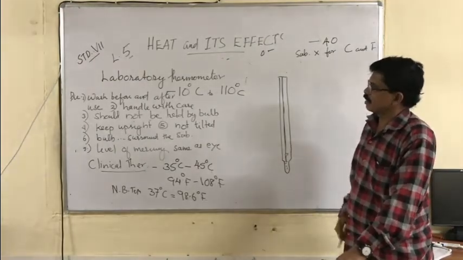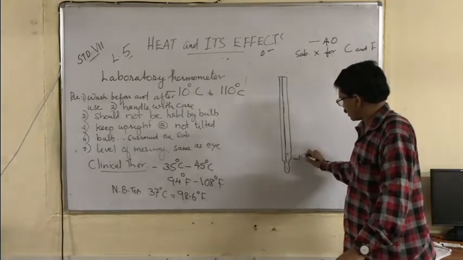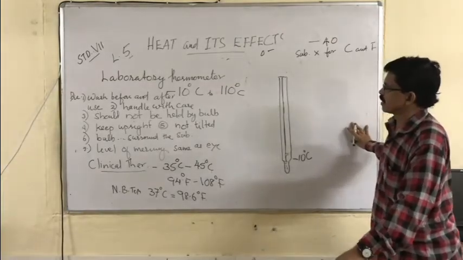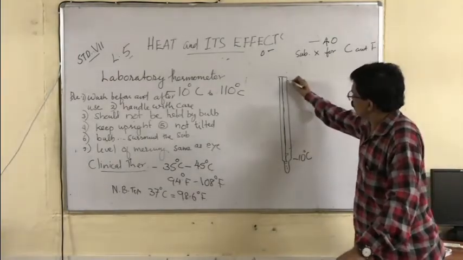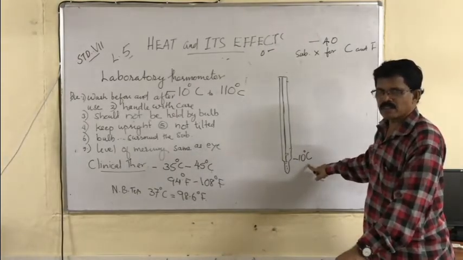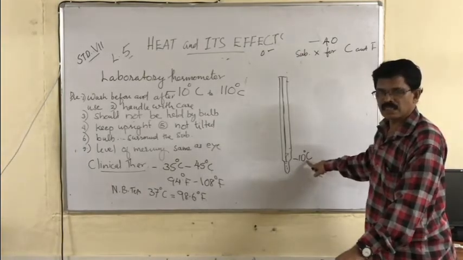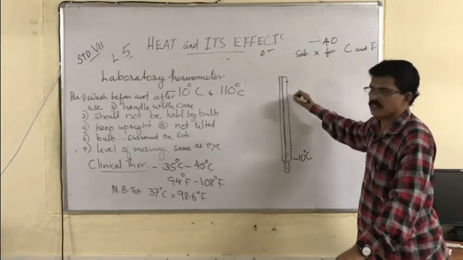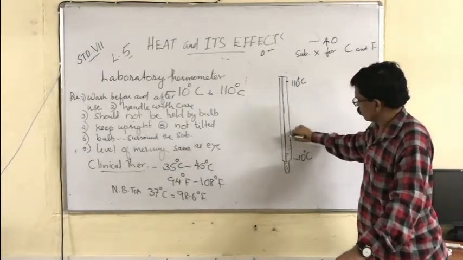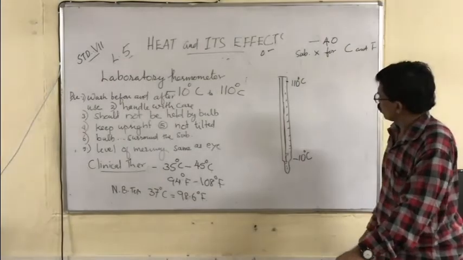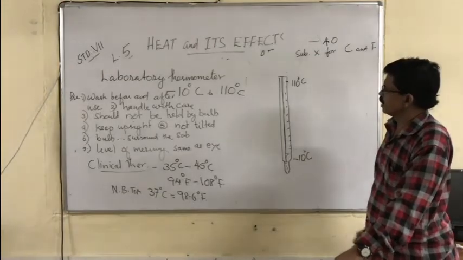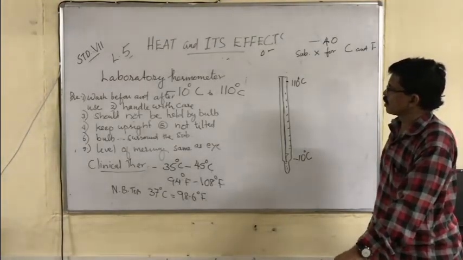Its lower fixed point is minus 10 degree Celsius and upper fixed point is 110 degree Celsius. Minus 10 to 110 degree Celsius, this is the speciality of the laboratory thermometer.